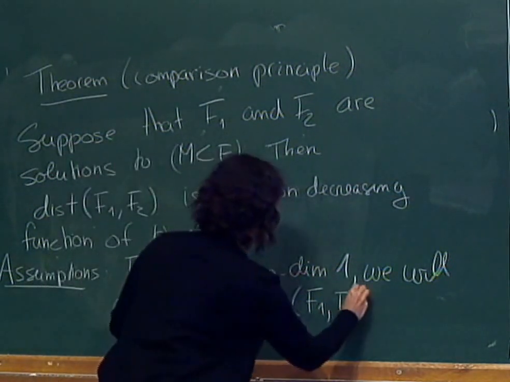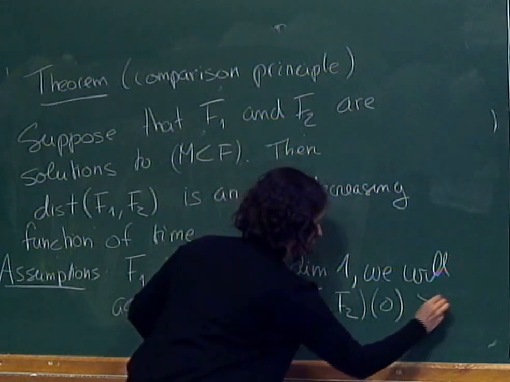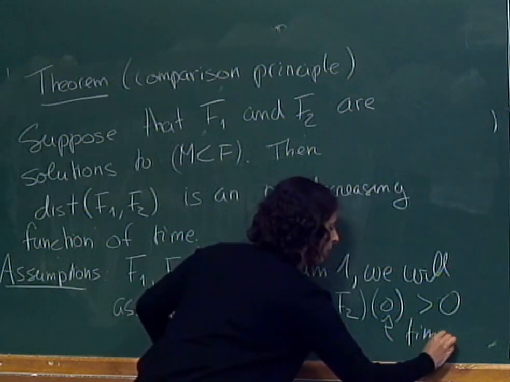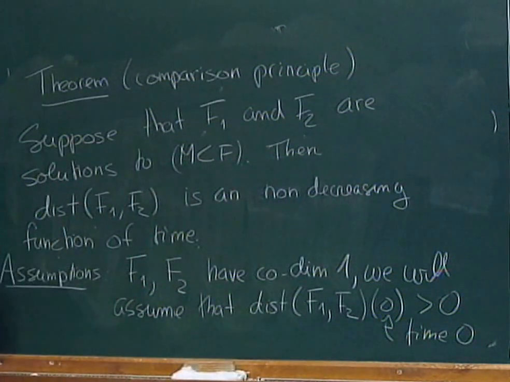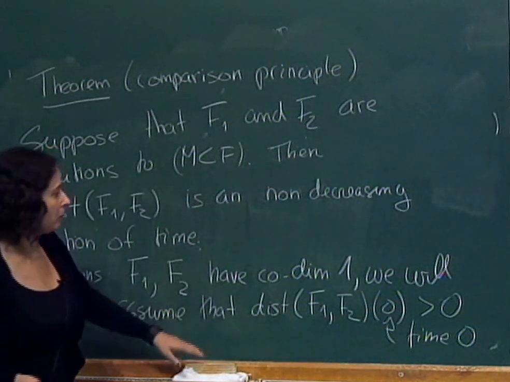This is time 0. So this means that they're not intersecting at the starting time.